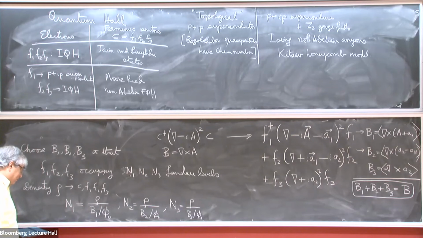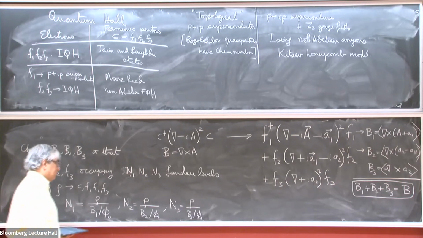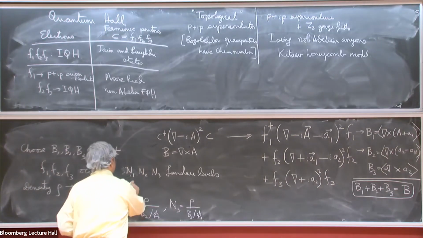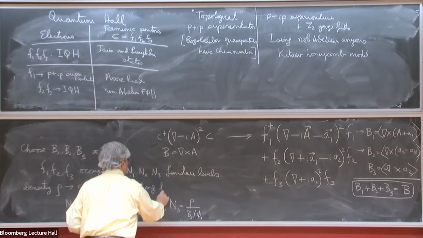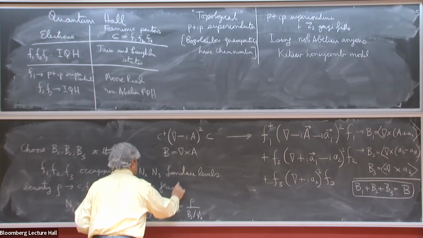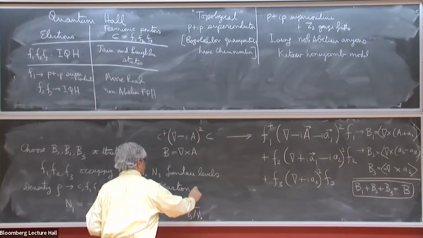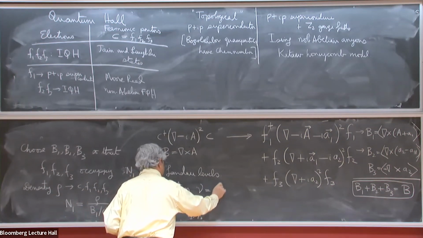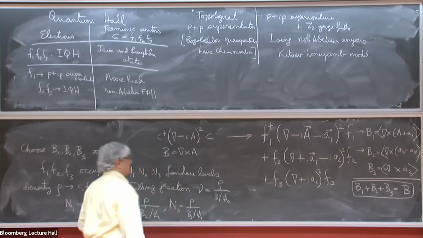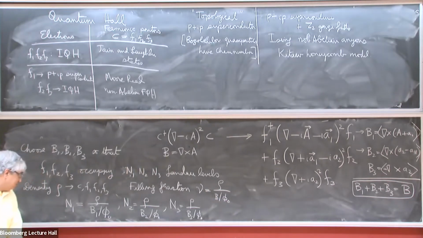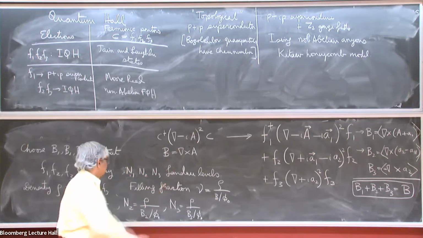And then the filling fraction, which is nu, that's the way it's called. So the filling fraction for the fractional quantum Hall states, nu is the same, rho over B over phi naught. Okay, so now you take all these relations, N1, N2, and N3 are integers.